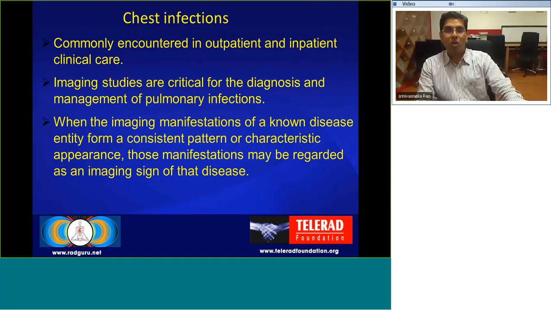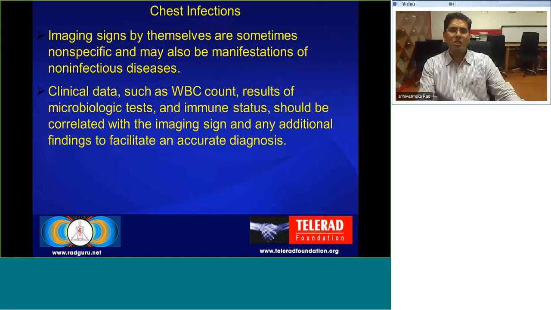Also, imaging signs are many times non-specific. You'll see an opacity in the lung, and you don't know whether it is an infectious or inflammatory process, or a neoplastic or non-infectious process.